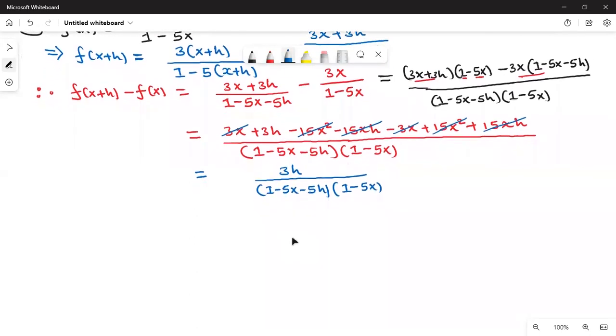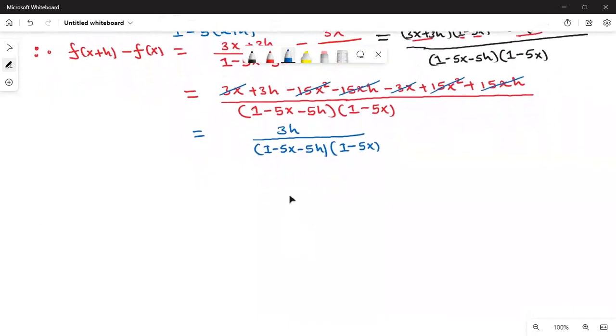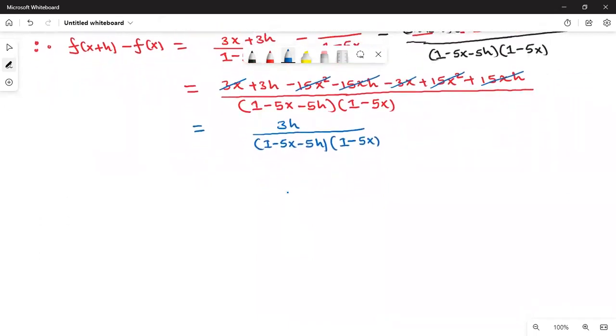So now we need to find f prime of x using first principle. So you can just say, hence, our f prime of x is now the limit as h approaches 0 of the numerator, which is f of x plus h minus f of x.